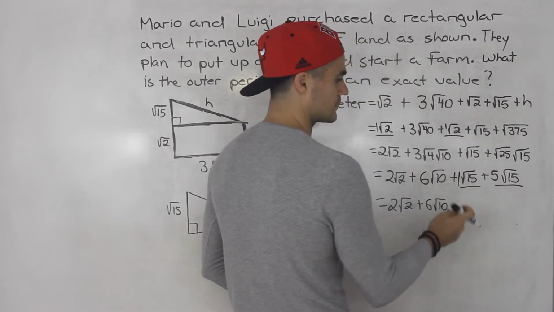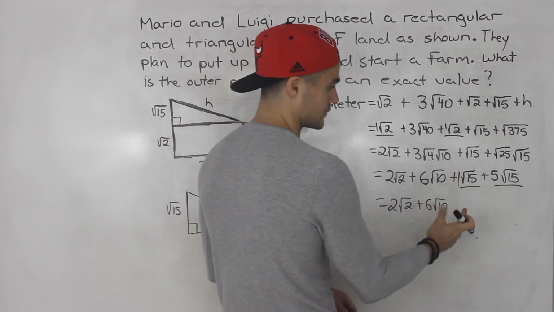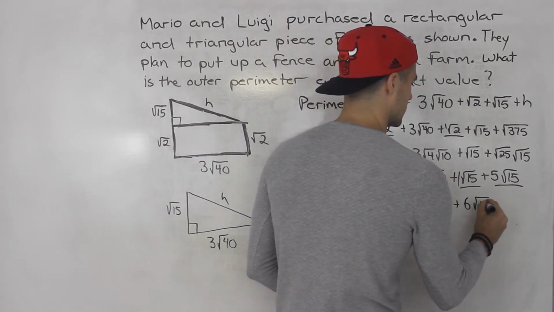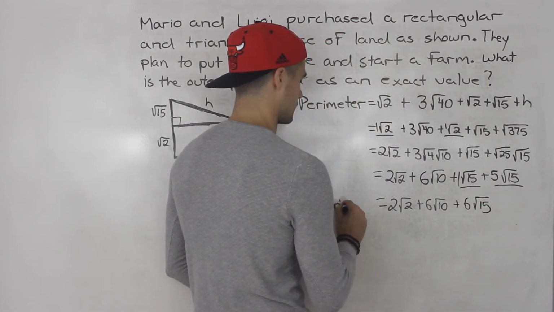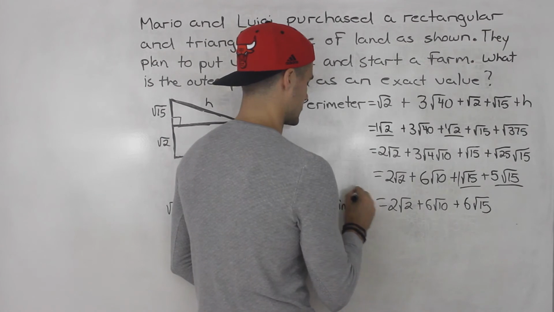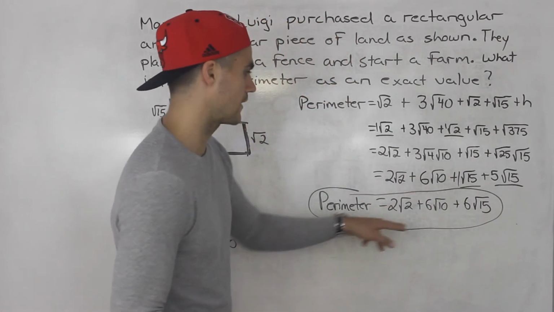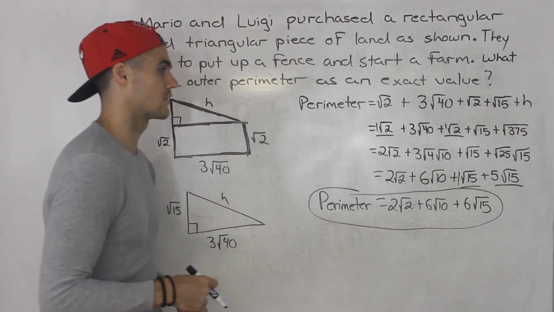There's a 1 in front here. So 1 root 15 plus 5 root 15, the radicals are the same, so we can add the coefficients in front. 1 plus 5 is just 6. And that there is your answer for the perimeter. We can't simplify that any further. There are no like terms to add here. None of the radicals are the same, and none of the radicals can be simplified further.